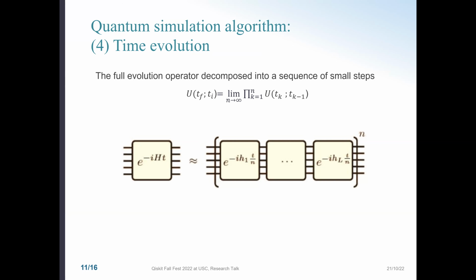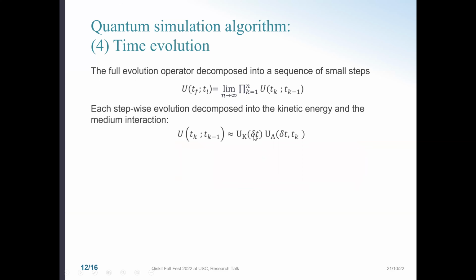But if you chop it into pieces of different time steps, then when the time step is small enough, you can treat the Hamiltonian as a constant within each time step. That would allow you to do the calculation more straightforwardly. So this is the method we are using.